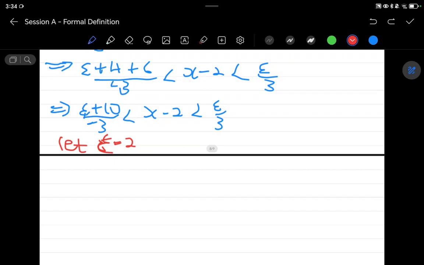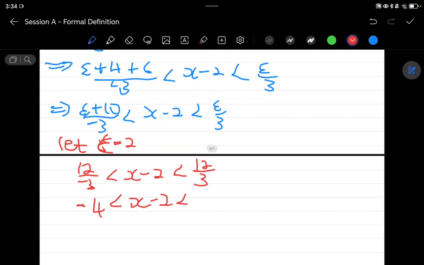If I plug 2 here, I'll get 12 over minus 3, which is less than x minus 2 less than 12 over 3. Then there it will be minus 4 less than x minus 2 less than 4.